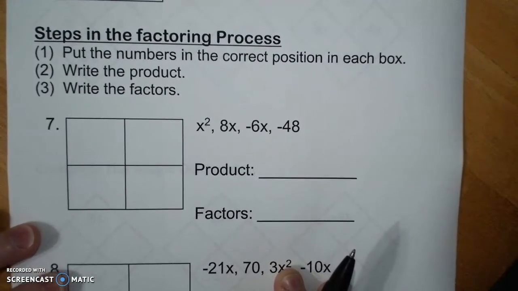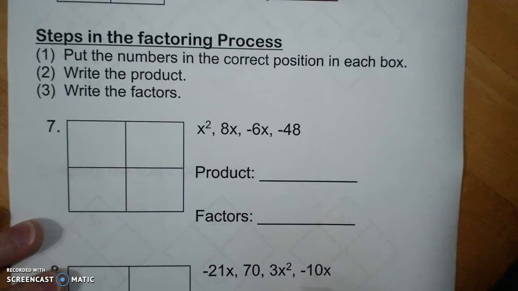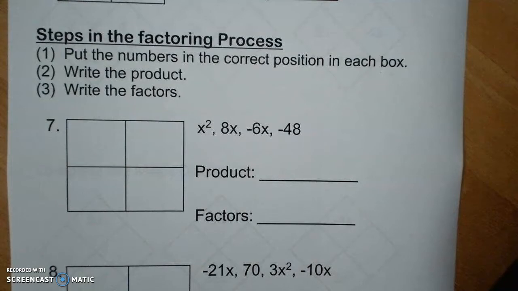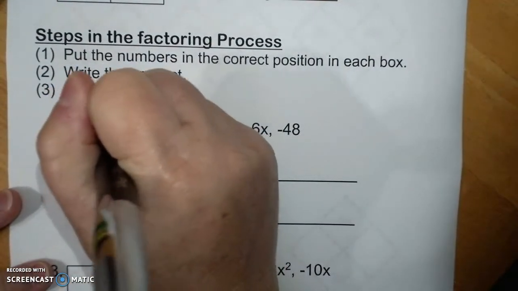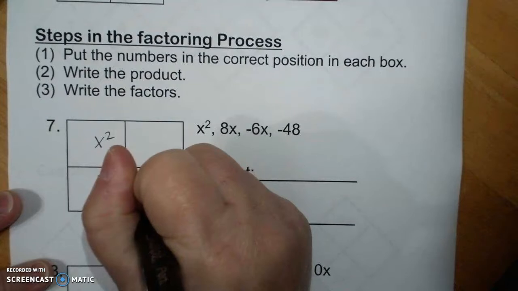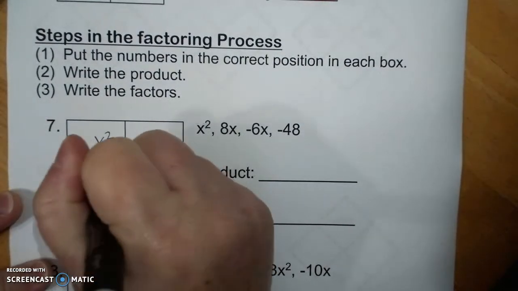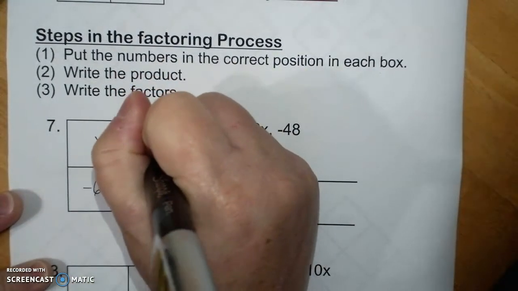We're not going to be given the boxes. We're going to have to create the boxes. So remember that the squared number goes in the top. The constant goes here. The negative 6x and 8x.